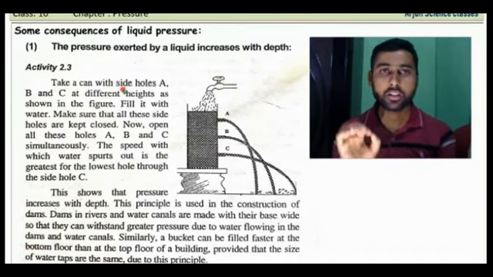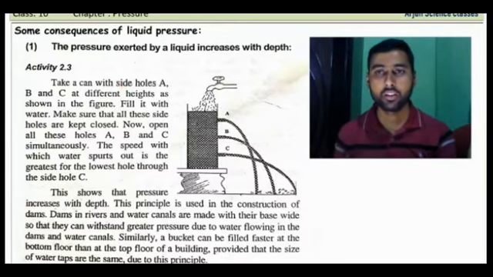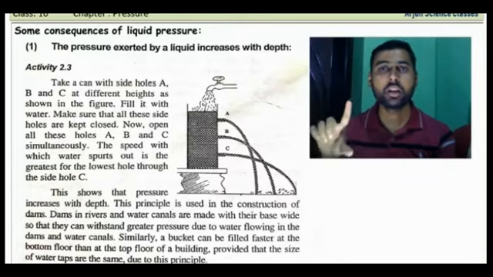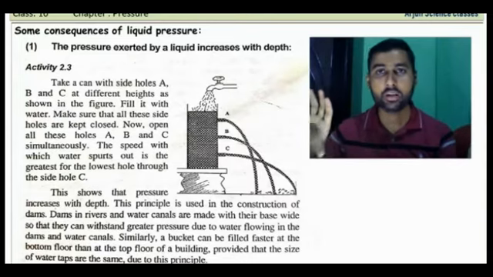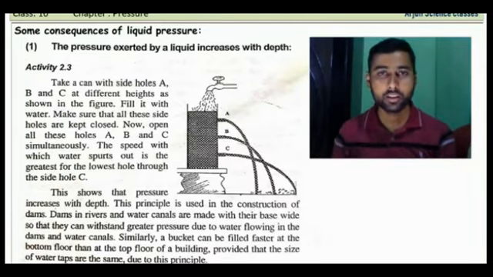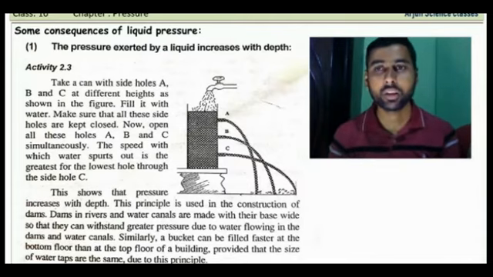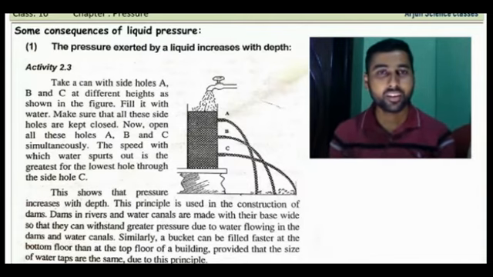First of all, the pressure exerted by liquid increases with depth. We have proved the liquid pressure P is equal to SdG, that is, liquid pressure is directly proportional to the height or the depth of the liquid column. For this, here you can see one activity.